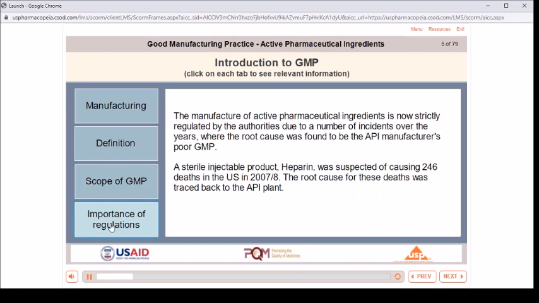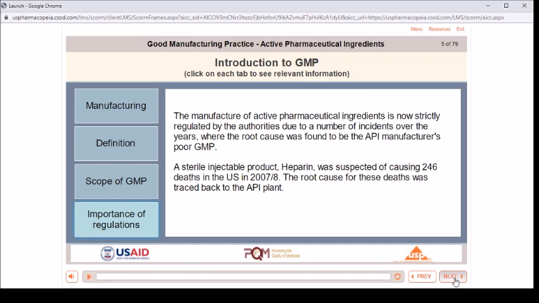The manufacture of active pharmaceutical ingredients is now strictly regulated by the authorities due to a number of incidents over the years, where the root cause was found to be the API manufacturer's poor GMP. A sterile injectable product, heparin, was suspected of causing 246 deaths in the U.S. in 2007 and 2008. The root cause for these deaths was traced back to the API plant.